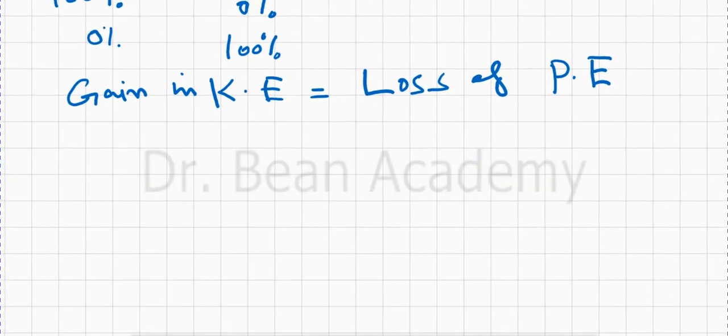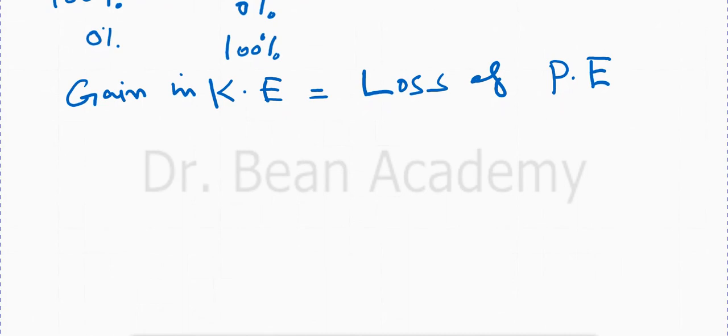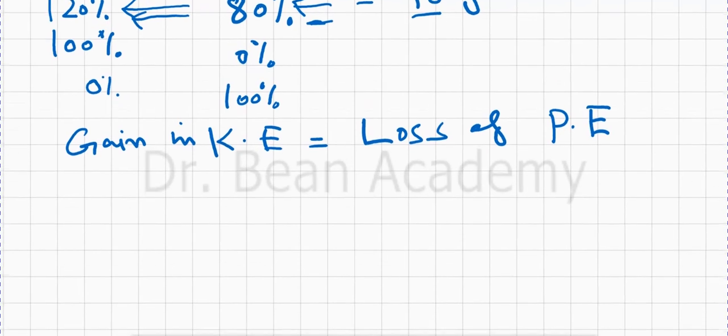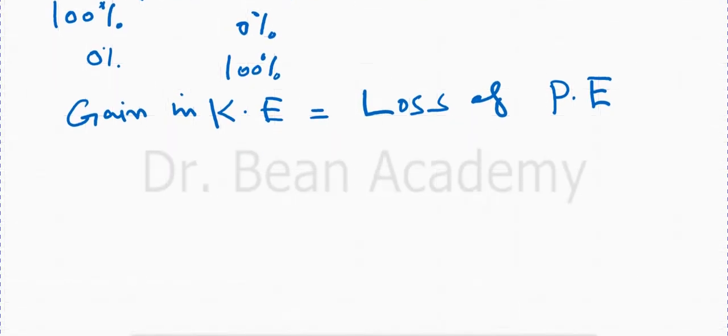So I can assume, for example, when the spring reaches the equilibrium, kinetic energy was 100% and potential energy was 0%. So when the masses are at the equilibrium, the gain in kinetic energy is equal to the total loss of potential energy.